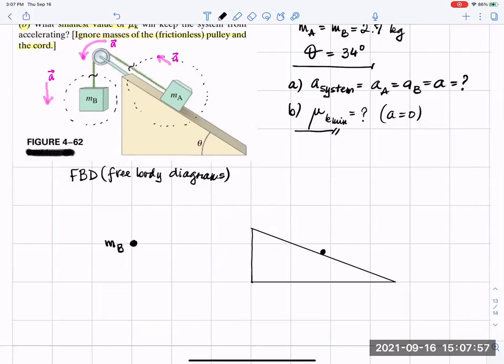Okay, so remember the direction when you write this equation: choosing the positive direction for your equations is always in the direction of movement. To me, the movement is down for mass MB, so this is your axis Y. I'm going to consider that as my positive direction. Let's see what forces we have. We have the weight, so here's MB times g as a vector.